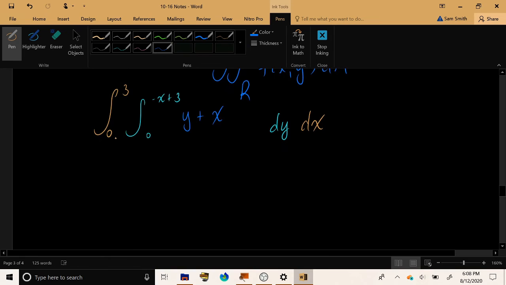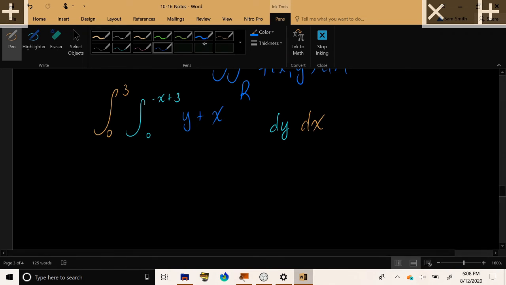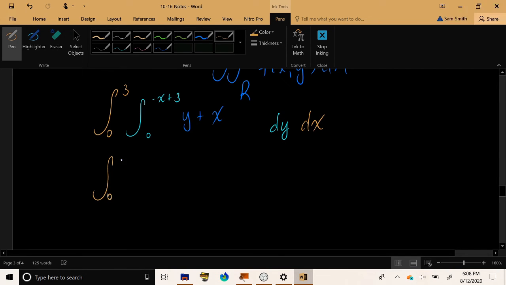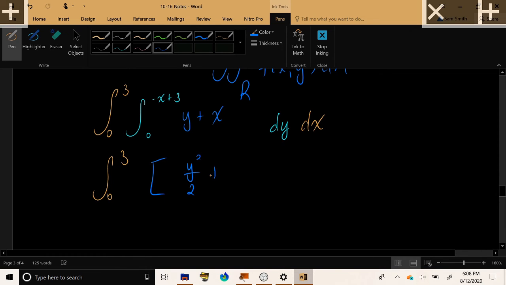Now based on that, let's find the partial integral of y plus x with respect to y. Using the power rule, we have y squared over 2 from y and x times y from x, evaluated as y goes from 0 to negative x plus 3.